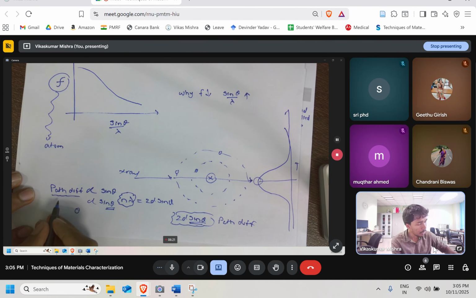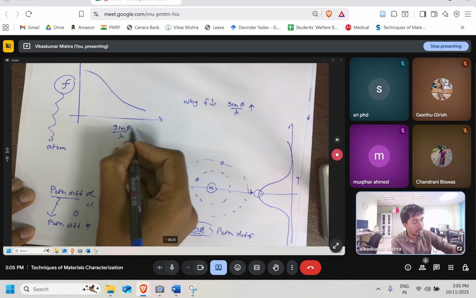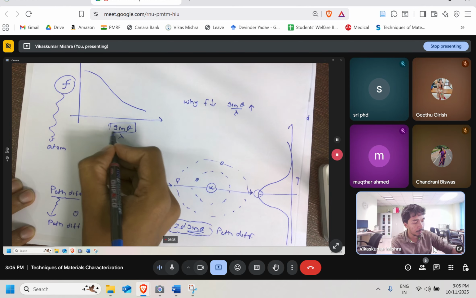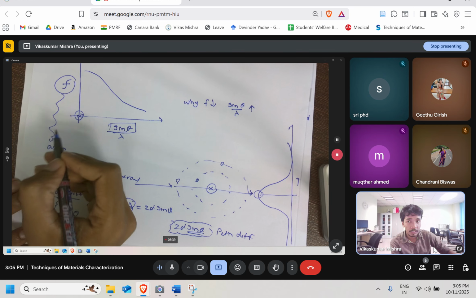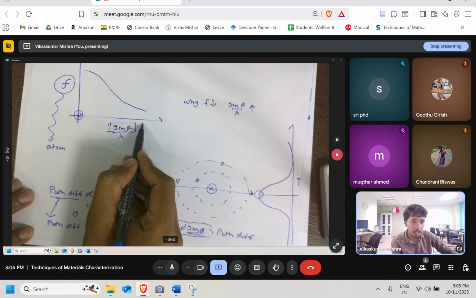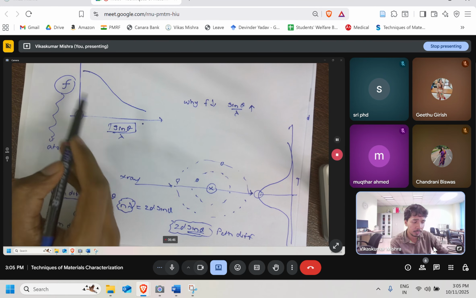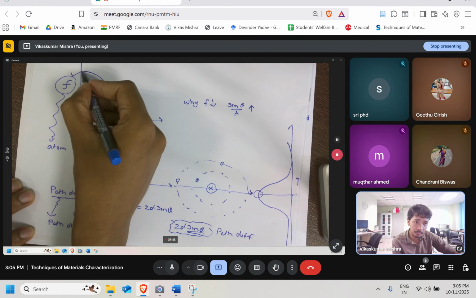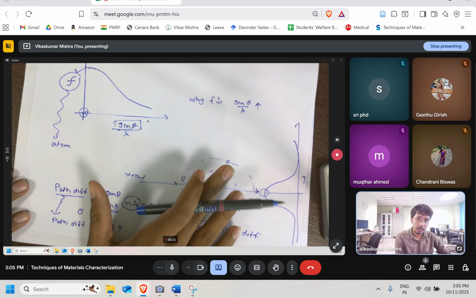So it has to do with the path difference, which keeps increasing as we increase theta. This is why, as we move away from forward scattering, theta equal to 0, to the higher angle side, the atomic scattering factor, which is the scattering from the atom, keeps on decreasing. This is the true explanation.